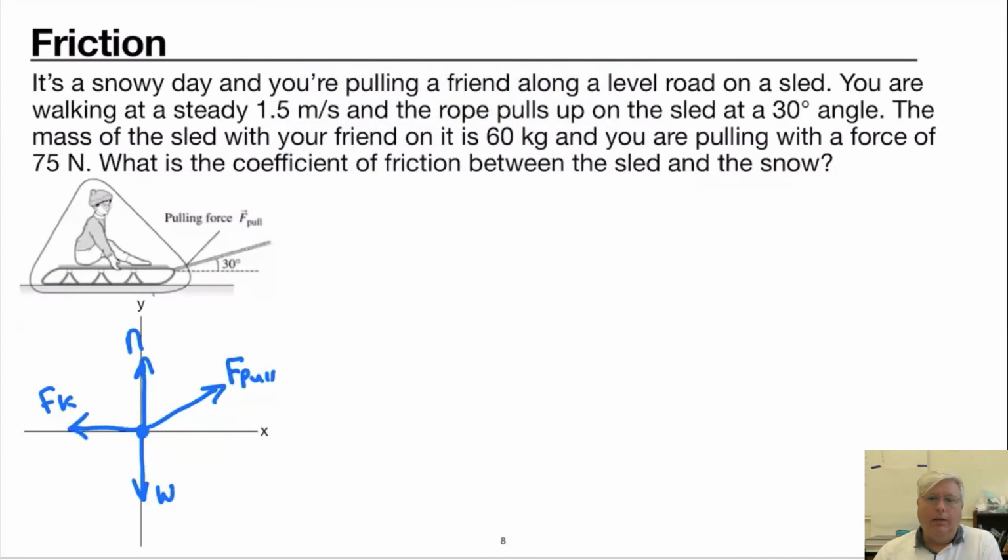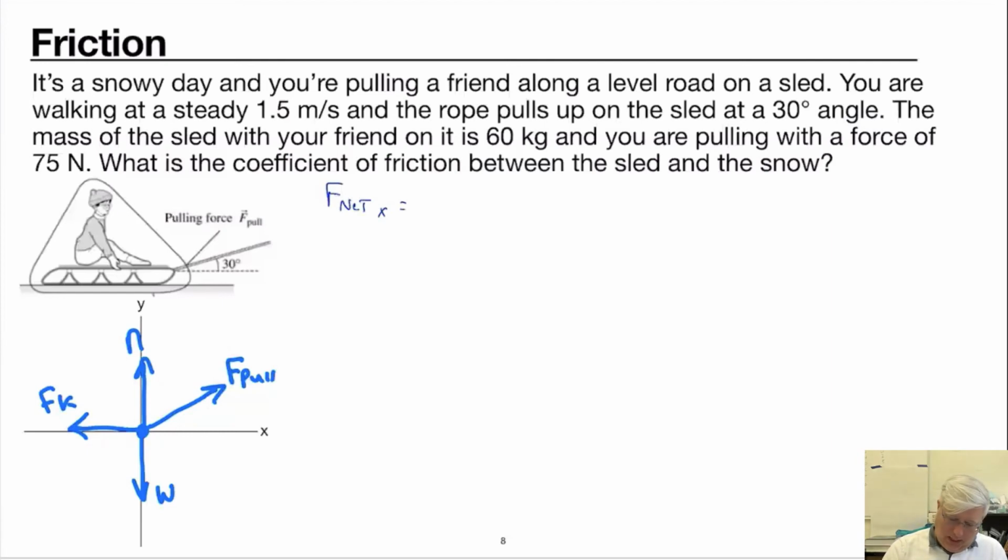So our next step is typically we want to figure out what the net force along each axis is. So we can say, well, what's the x component of the net force?